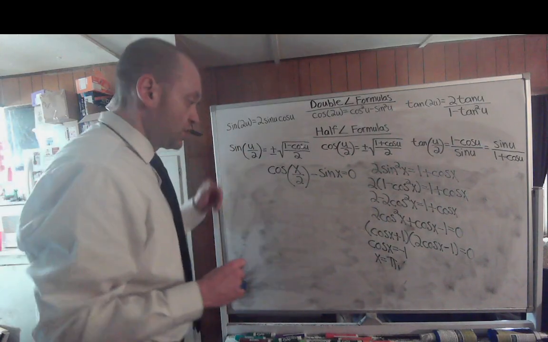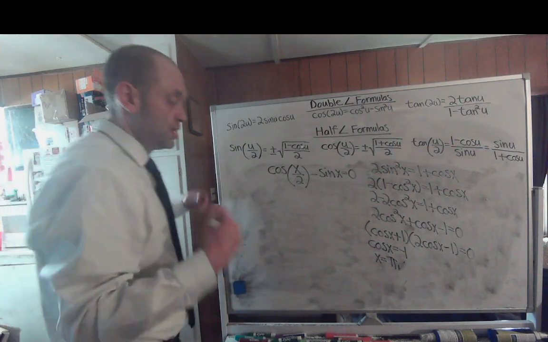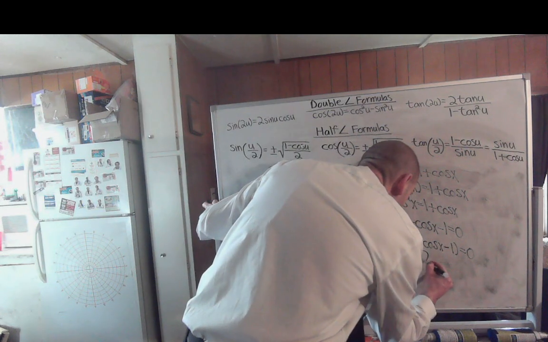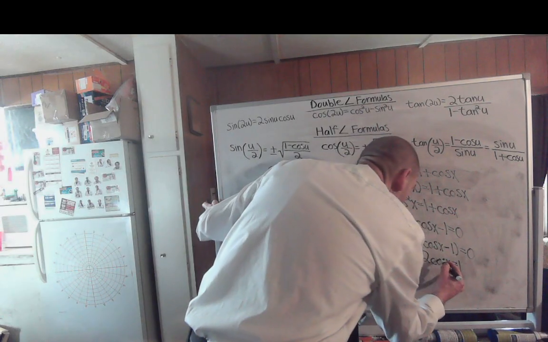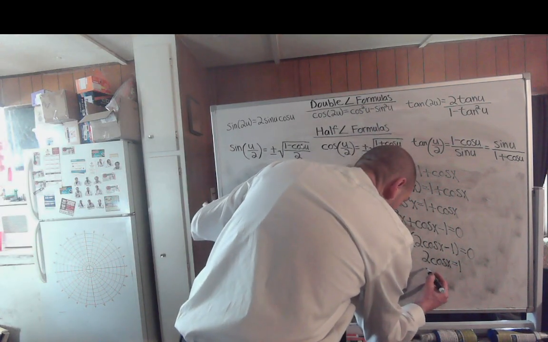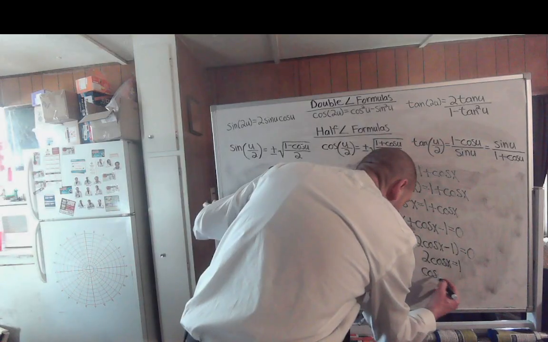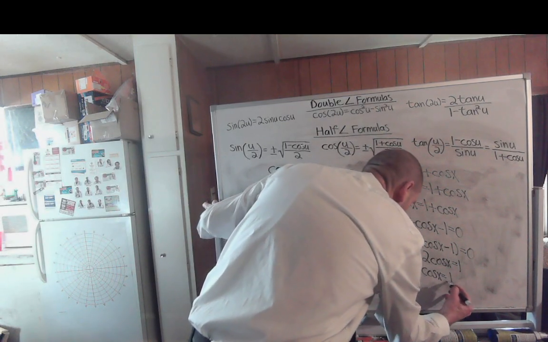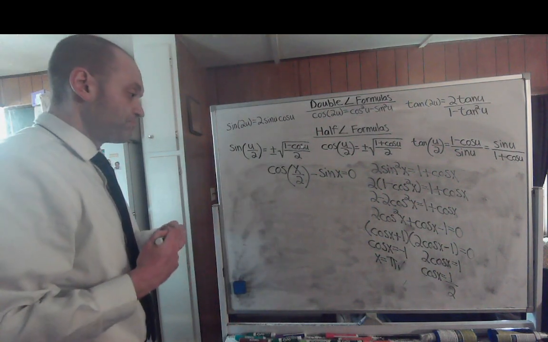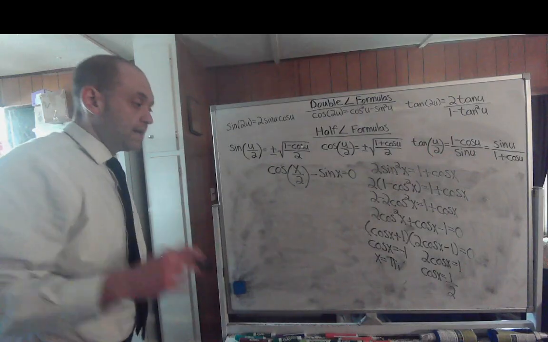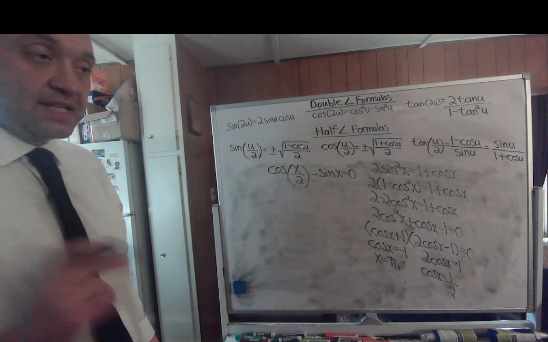but what about 2 times the cosine of x minus 1? So this would become 2 cosine of x equals 1, which would then have to mean that the cosine of x equals 1/2. So when is the cosine positive 1/2?